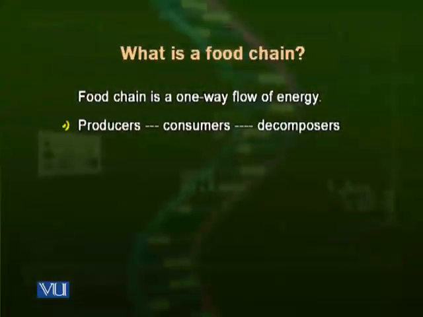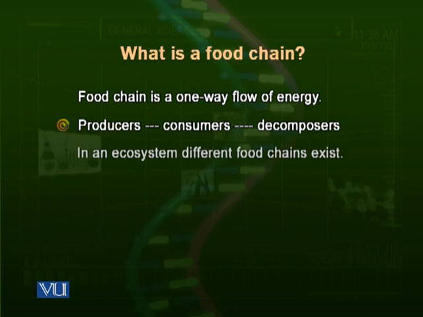So food chain is actually a relationship between different trophic levels or different biotic factors within an ecosystem. If we simply exemplify a food chain, then this will be from producers eaten by the consumers, consumers eaten by the decomposers. In an ecosystem, different types of food chains exist.